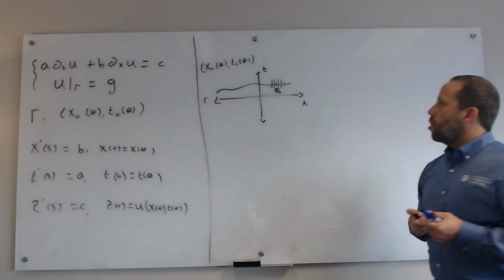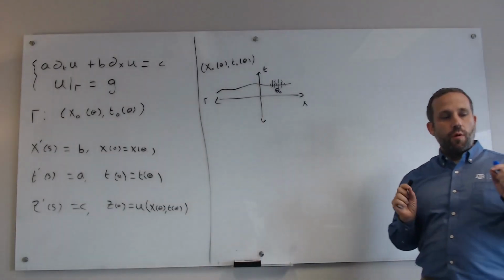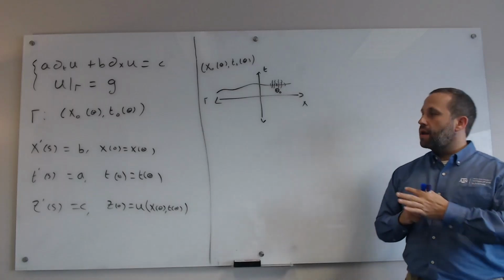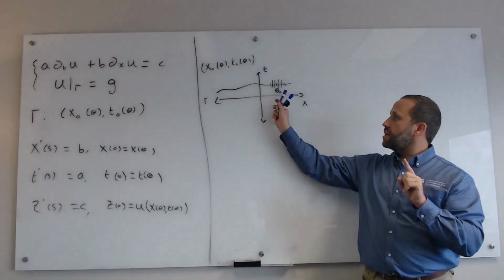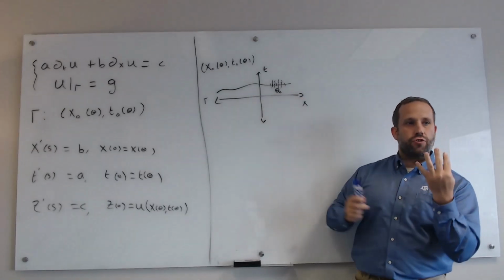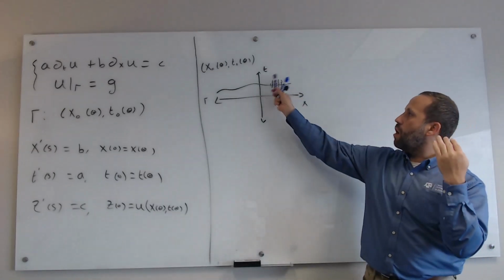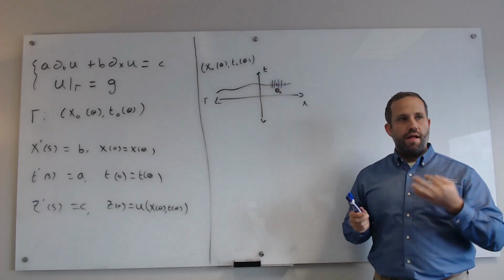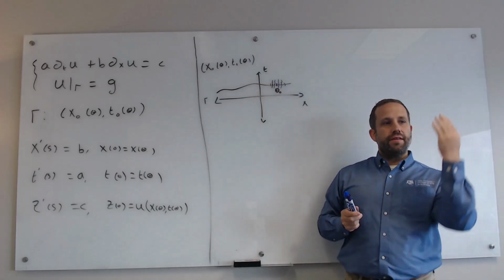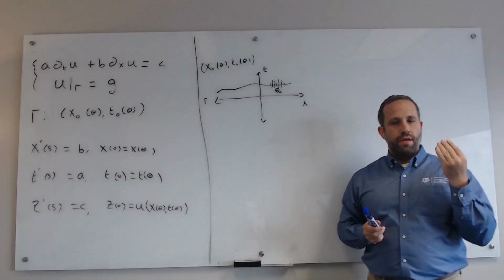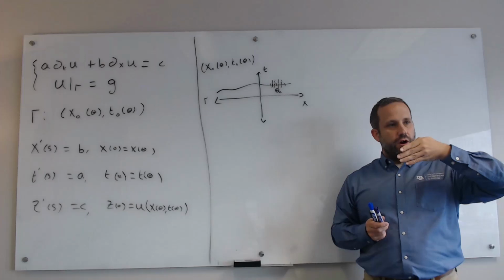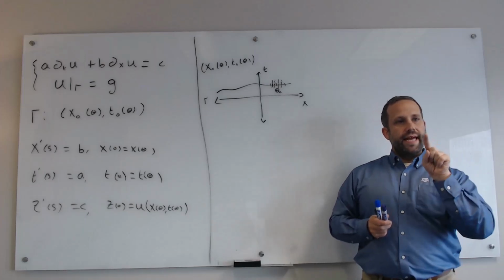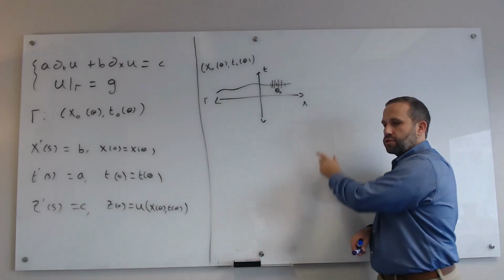So we want to make sure that the following happens. We want to make sure these paintbrush bristles, these characteristics, legitimately go up into the area above gamma. If you have paintbrush bristles that are bent over and sideways, you're going to get a gap in the paintbrush, and so when you paint, there's going to be a gap.